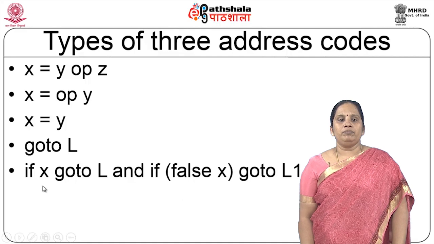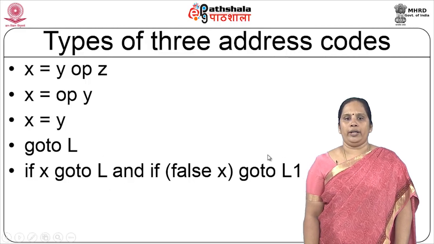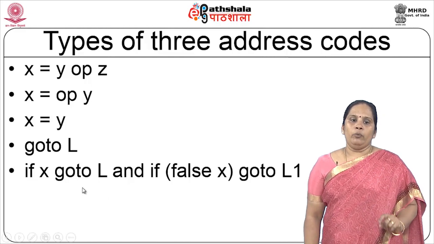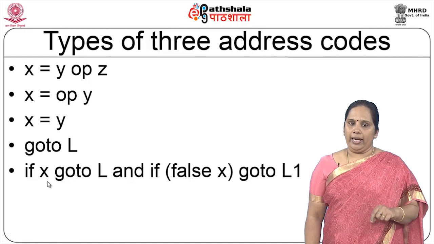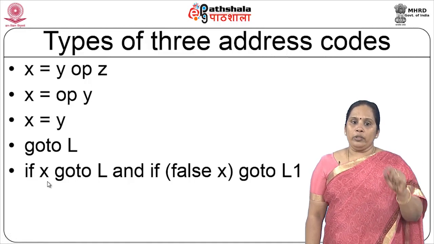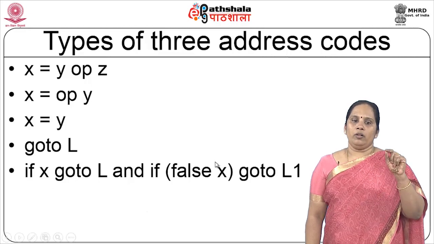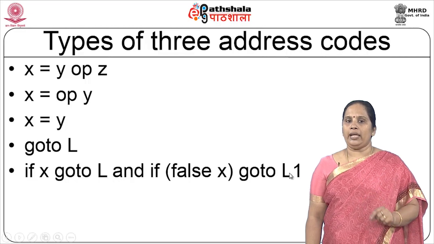Here x is one address, L is one more address, and L1 is one more address, so I have 3 addresses here: x, L and L1. Now x will be computed and I am looking at the content of x. So if it is true, I will go to location L, else I will go to location L1.